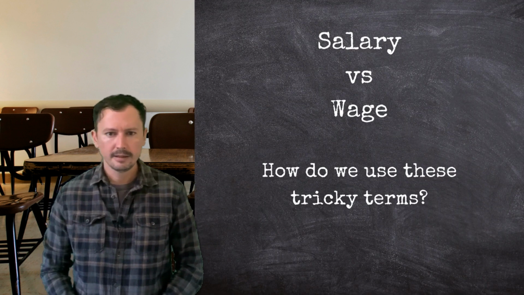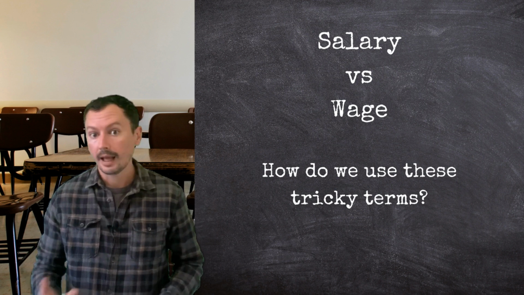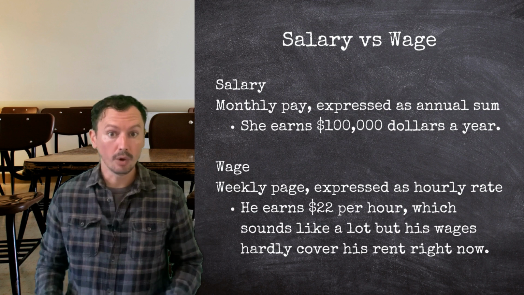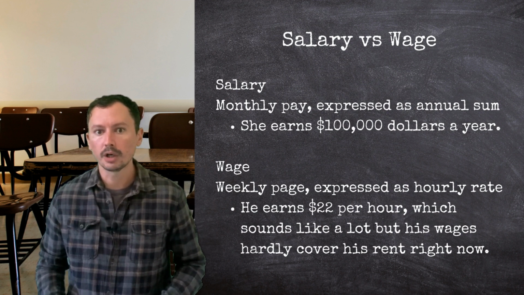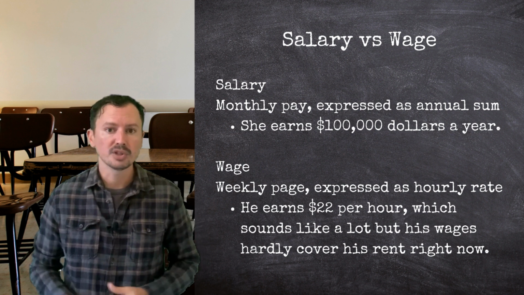When it comes to the topic of work, IELTS candidates often make errors with certain confusing terms. As I mentioned at the end of the last chapter, one of those is the mix-up between salary and wage. If you paid attention to my explanations, you already know that salary refers to money earned on a monthly basis and is usually referred to as an annual sum.